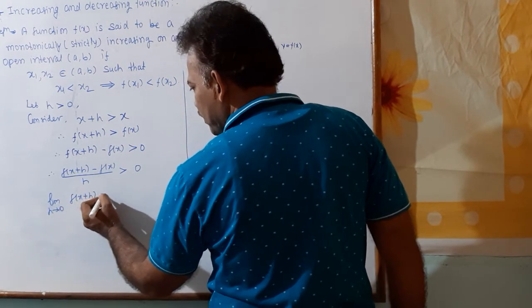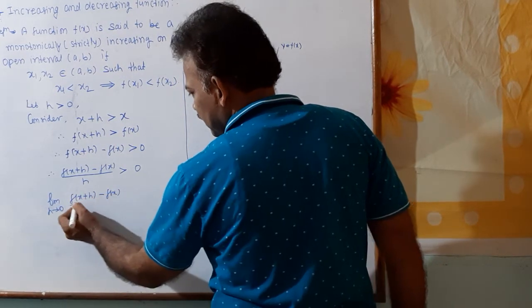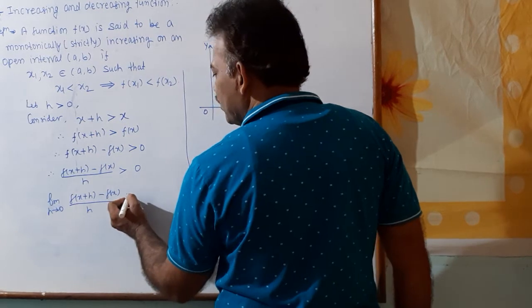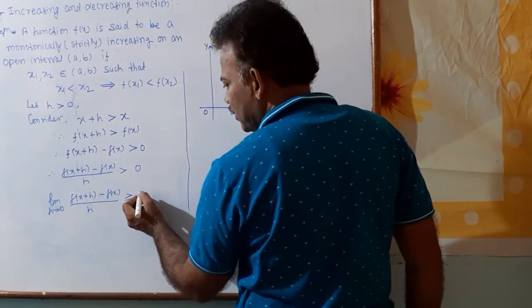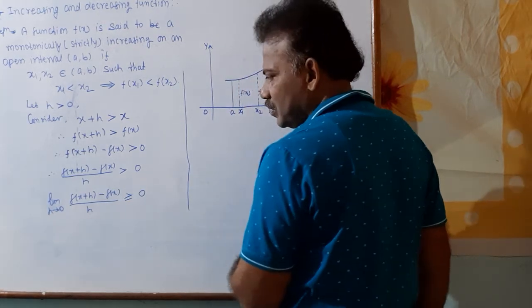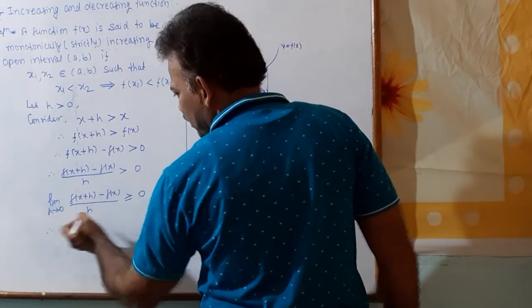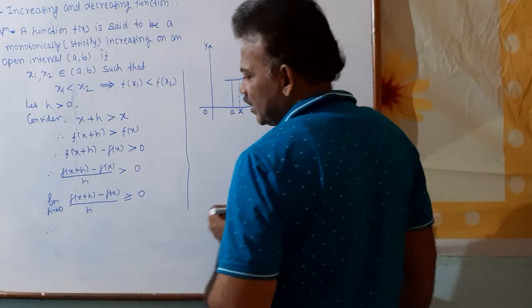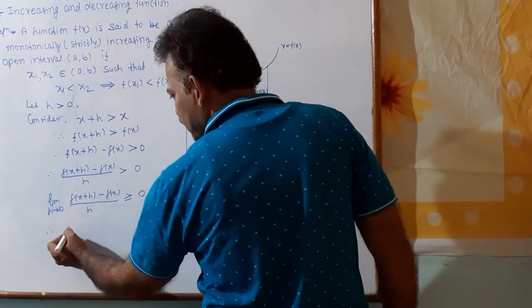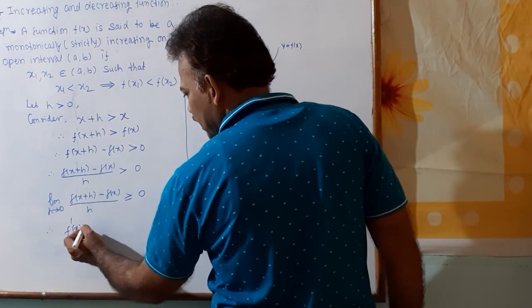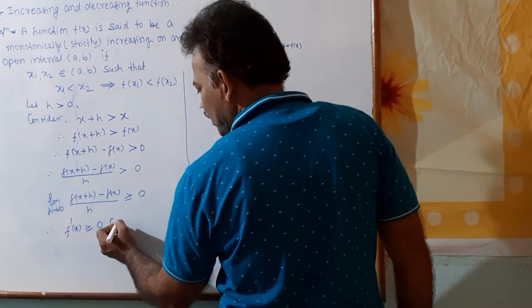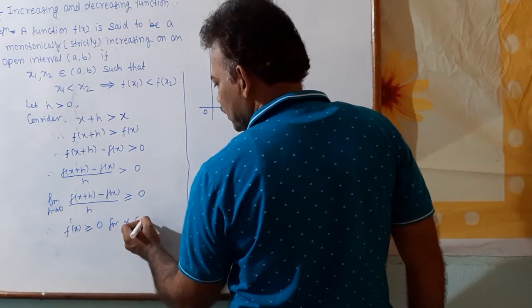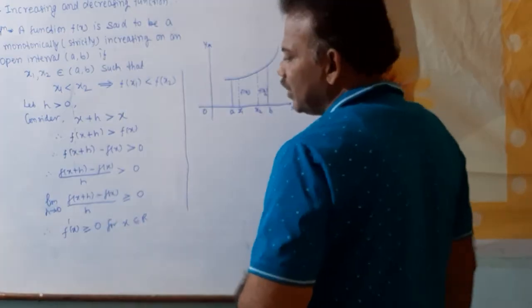Limit h tends to 0, f of x plus h minus f of x divided by h. When we take the limit, we get some finite value, so the sign becomes greater than or equal to 0. Limit of 0 is also 0. And we know the definition of derivative, our first principle, this is nothing but f dash x, which is greater than or equal to 0 for x belongs to R.